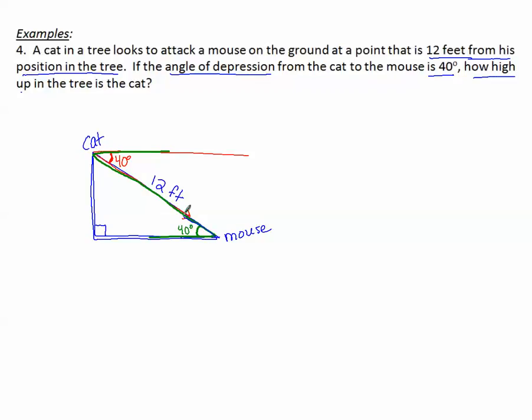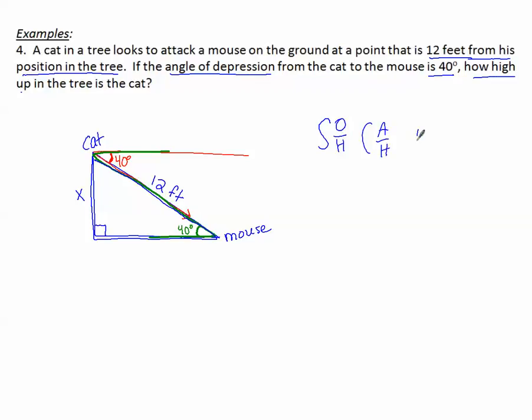Here's our right triangle once again, and we know that angle. What are they asking us to find? How high in the tree is the cat? So how high up, that's what we don't know, that's what we need to find. So here's our picture. We know an angle, we need to find a side, and we're given another side. I'm mixing angles and sides, so what does that mean I use?